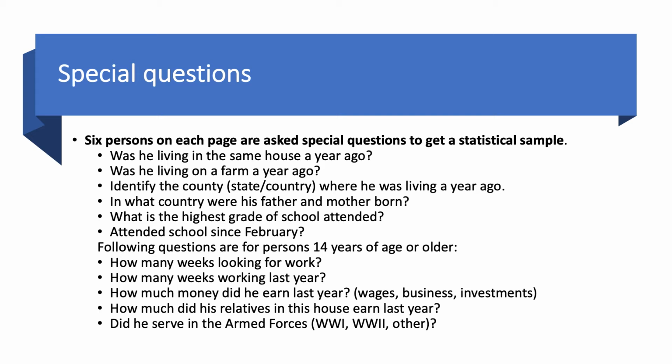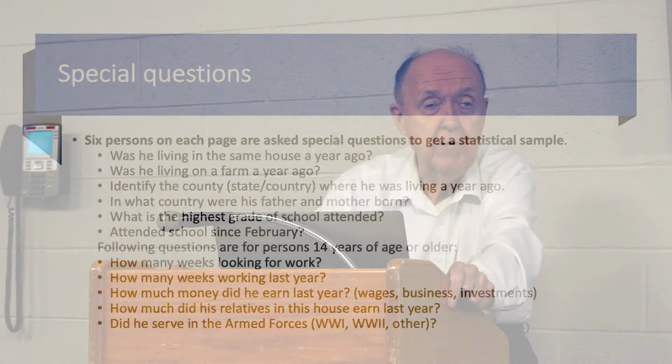How much did his relatives in this house earn last year? Did he serve in the armed forces, World War I, World War II, or other? You'll notice some of these questions are ones that were also on previous census years, but in 1950 they are taken as sample questions rather than everybody getting them.